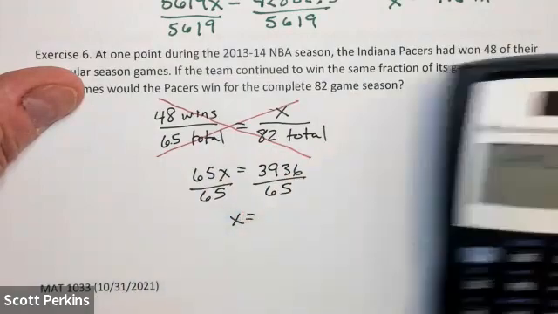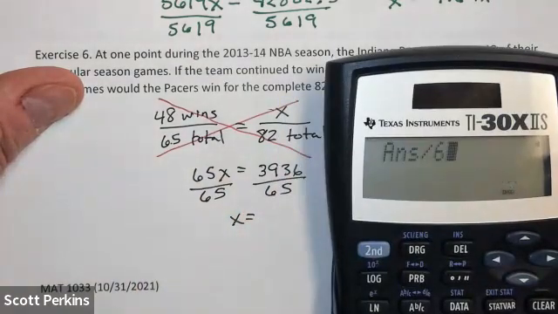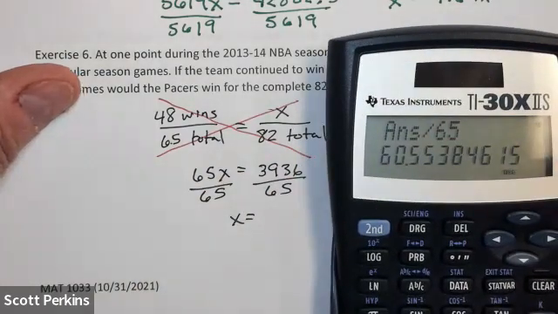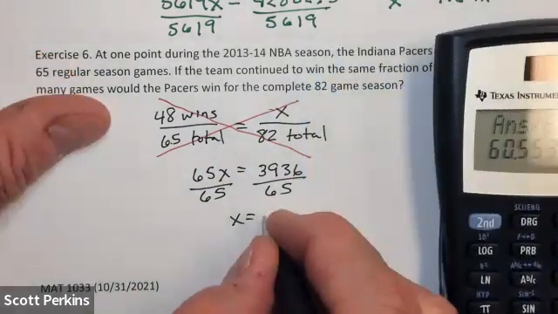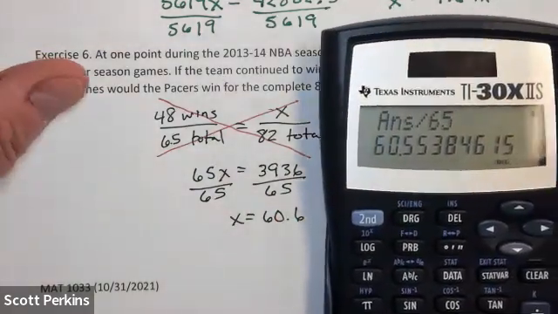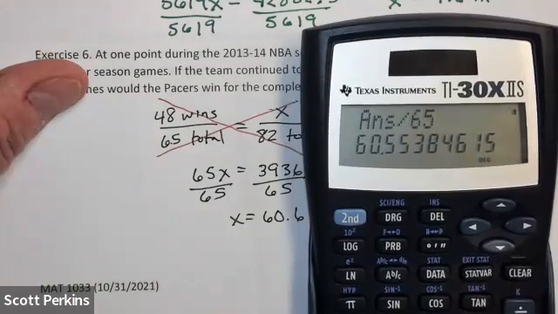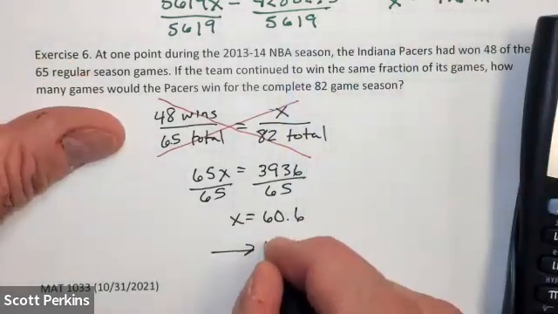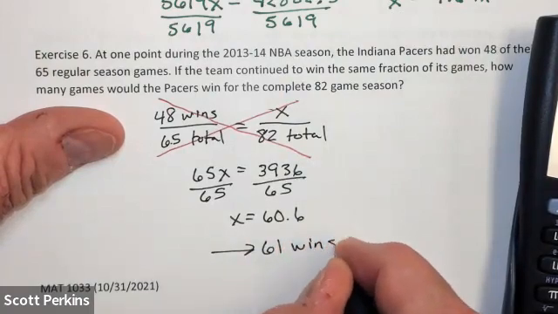And we get x is equal to, so the exact answer is 60.55 or 60.6. But if we're going to answer the question, you can't win 0.6 of a game, so we're just going to round that appropriately. So we're just going to say, okay, that would be 61 wins.